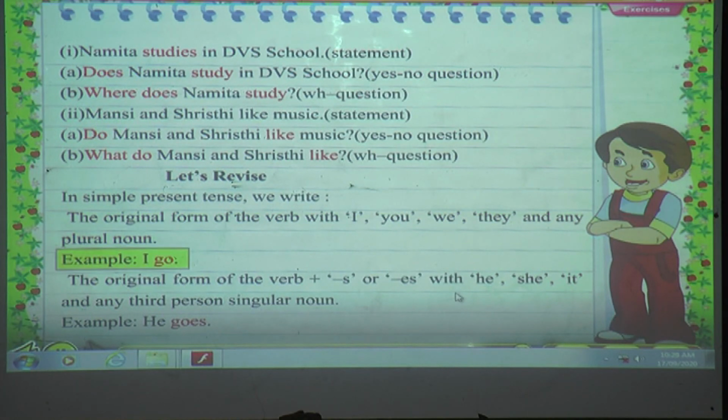Example, I go. The original form of the verb plus s or es with he, she, it, and any third person singular noun. Example, he goes.